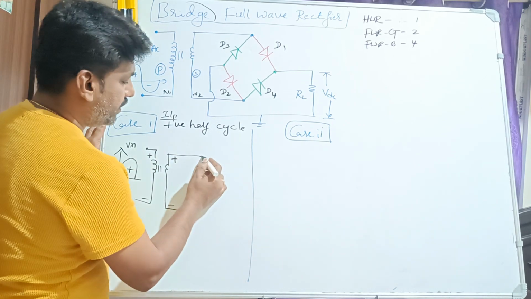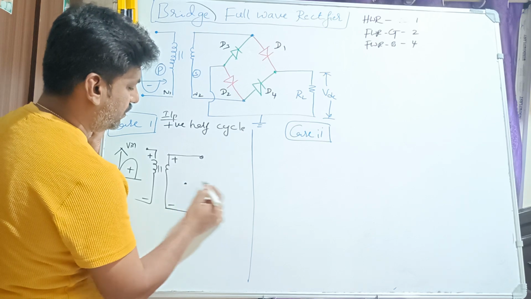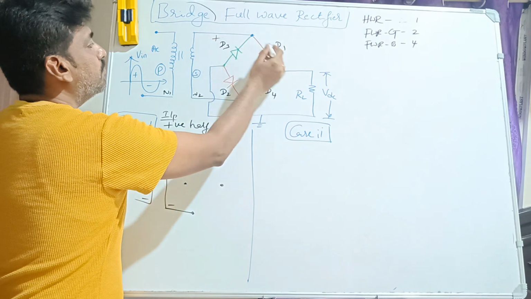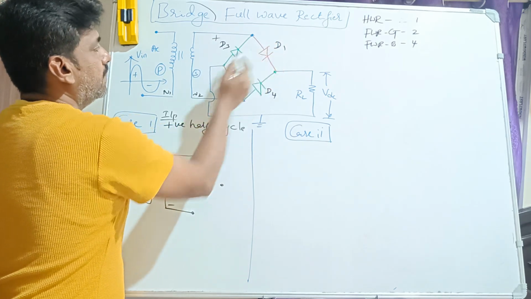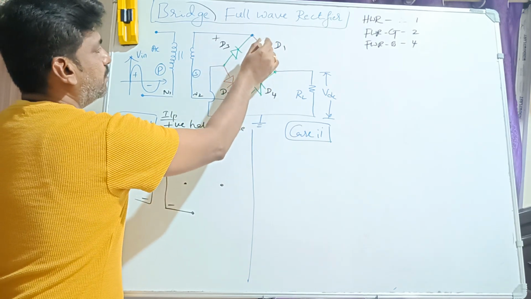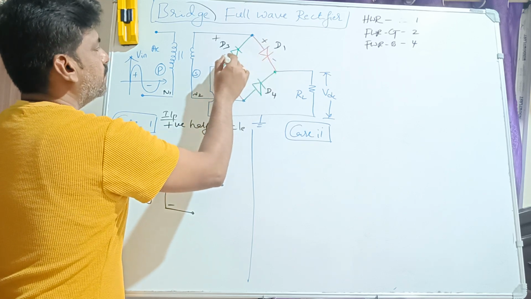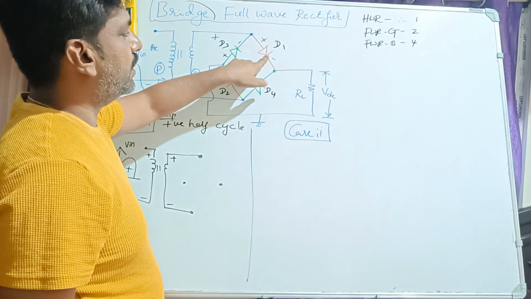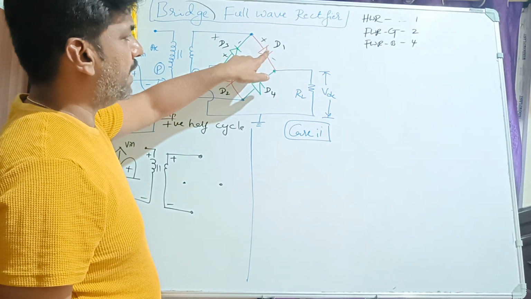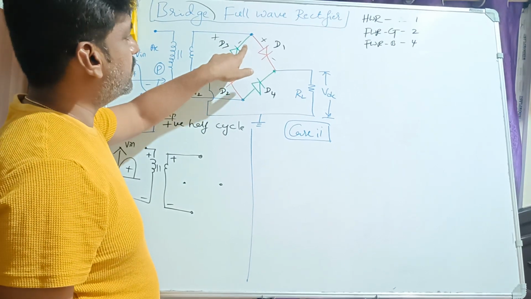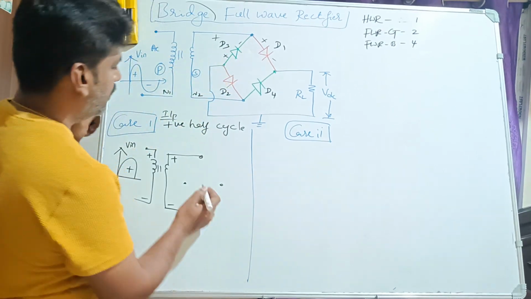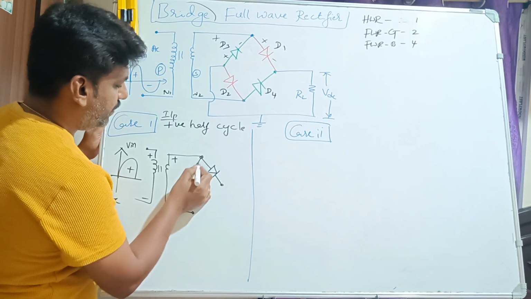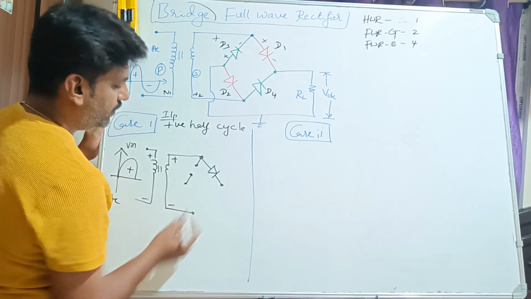Of diodes D1 and D2, one end is positive and the other negative. Plus and plus acts as a short circuit, it is forward biased. Plus and minus acts as an open circuit, it is reverse biased. Hence you connect this diode and make the other an open circuit, right?